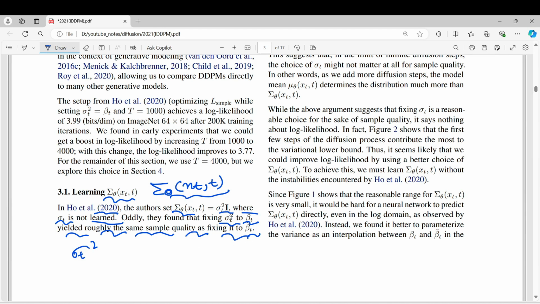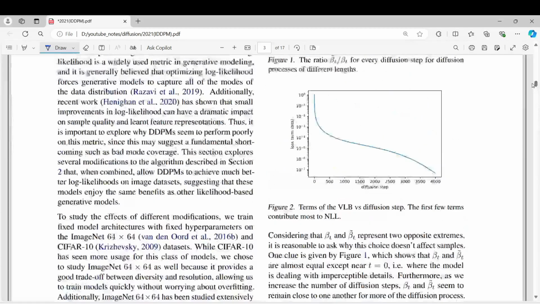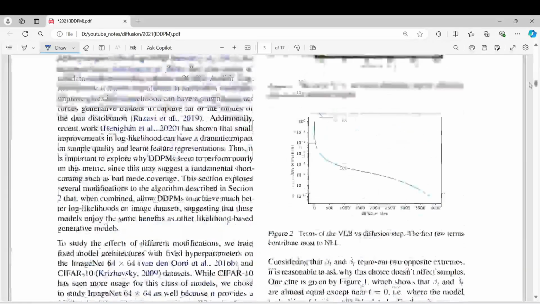this as a posterior. So this is the forward beta t, and if you feed this quantity beta t, they are going to yield the same result as this beta tilde, which is the posterior beta tilde. And by fixing this, they get reasonable samples, and they have given some graphs here.